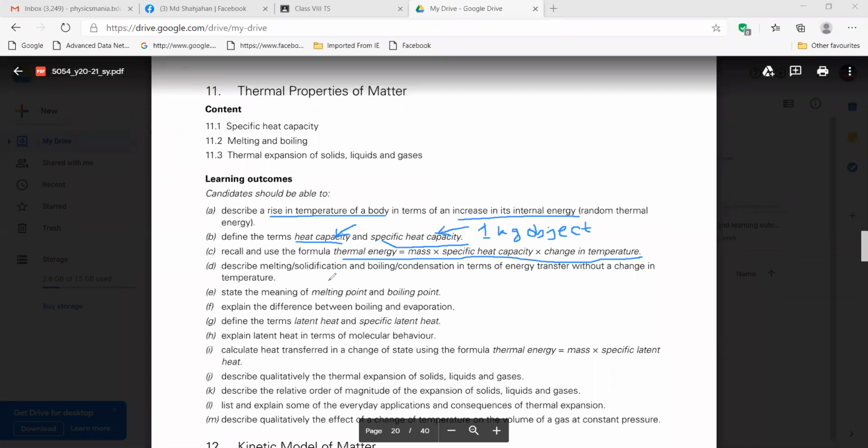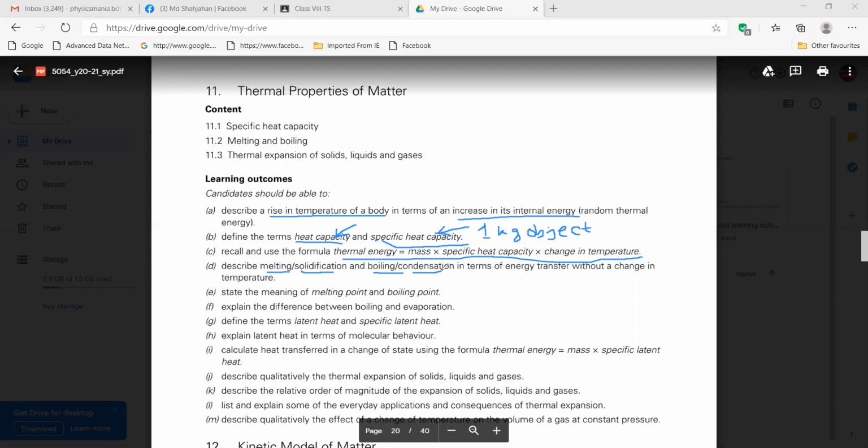Now, look here: melting and boiling. In your notes there are some writings related to melting, boiling, solidification, condensation.